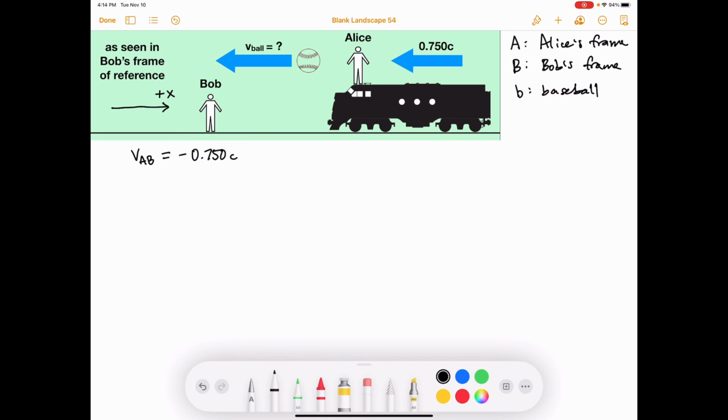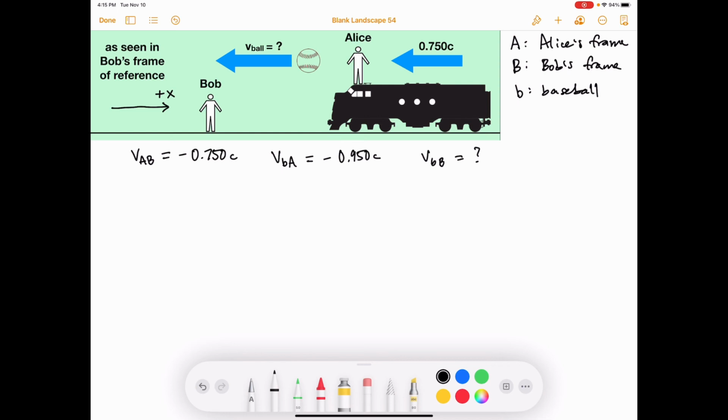And then also, we know that V_bA, that's the velocity of the baseball relative to Alice. She throws the baseball at 0.95 c, also going to the left, so it has a negative sign, negative 0.95 c. What we want to know is the velocity of the ball relative to Bob. We want to figure that out. How fast does Bob see the ball coming towards him?